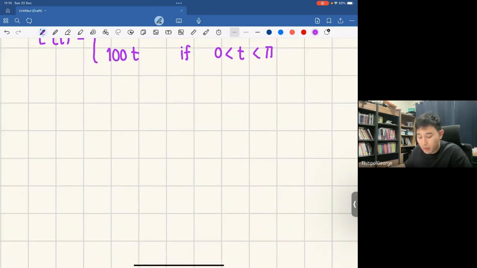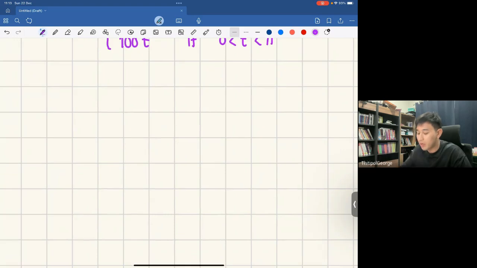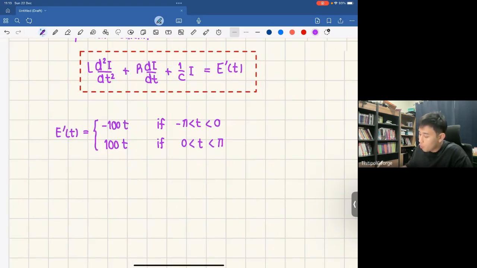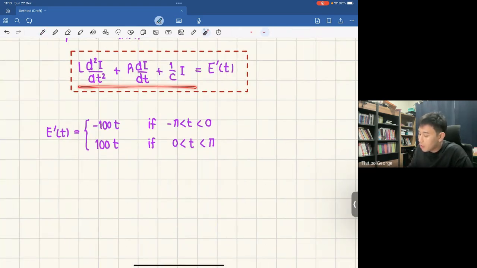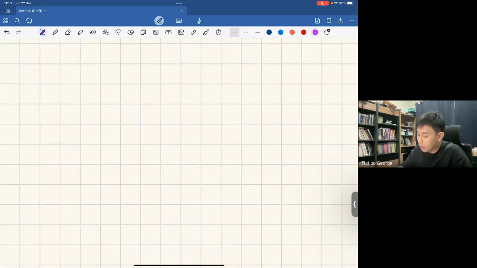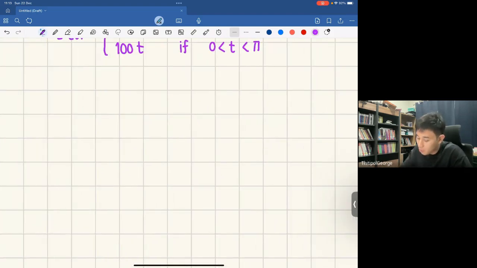Next step, let's find the homogeneous solution first for this one. Let me label it as solving for homogeneous solutions.